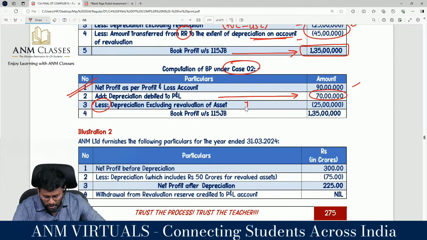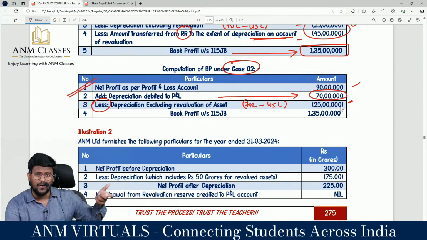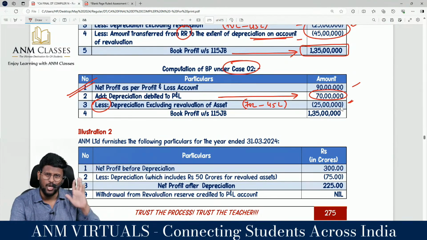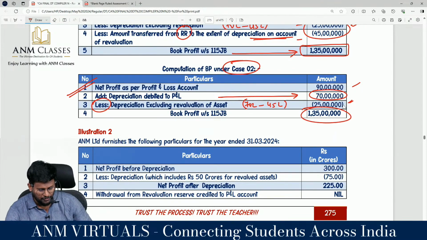Totally 70 lakhs debited, 45 lakhs is the depreciation on revaluation, so 25 lakh. The second part, amount withdrawn from revaluation reserve to the extent of depreciation on account of revaluation. Nothing was withdrawn, so nil. So book profit becomes 1 crore 35 lakhs.